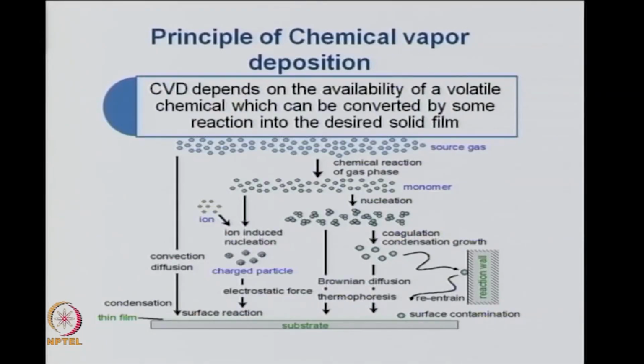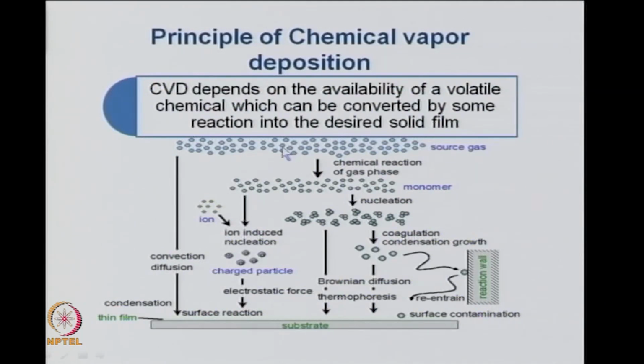So, what is this CVD technique, the chemical vapor deposition technique? What is the principle? Typically a CVD technique depends on the availability of a volatile chemical, which we normally call the chemical precursor. It is normally a liquid solution which can be converted by some reaction into the desired solid film.